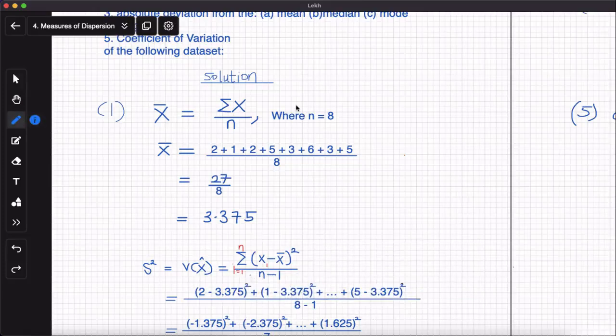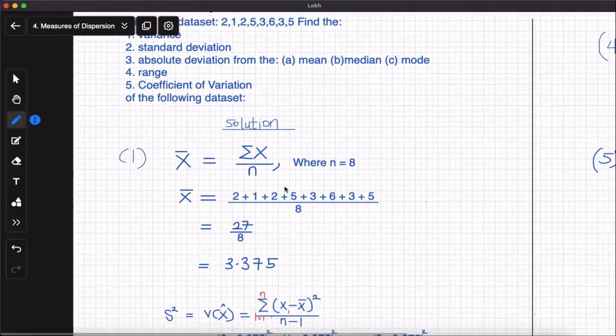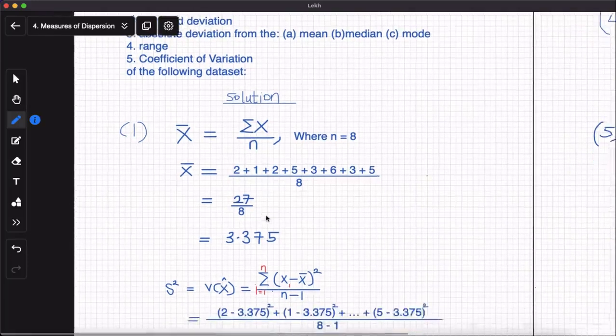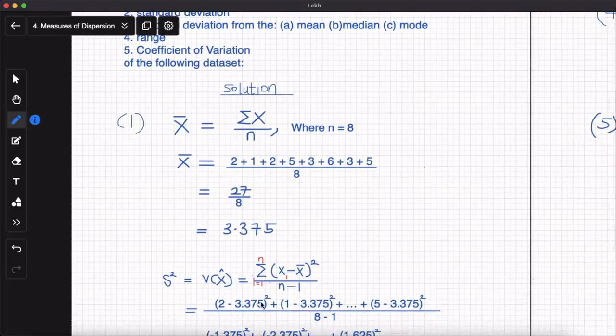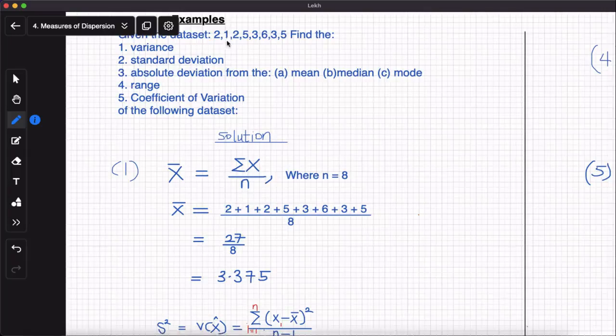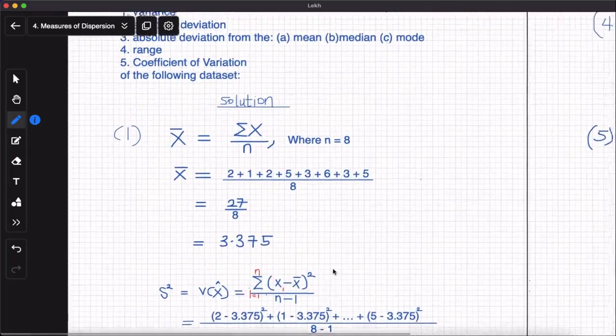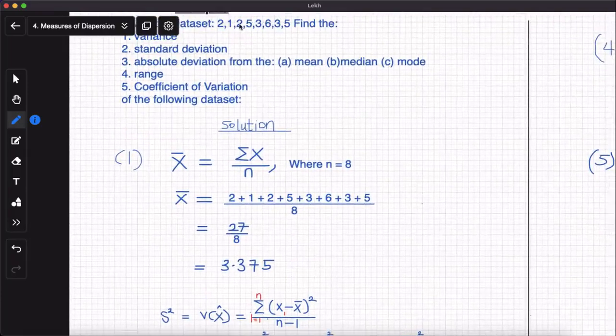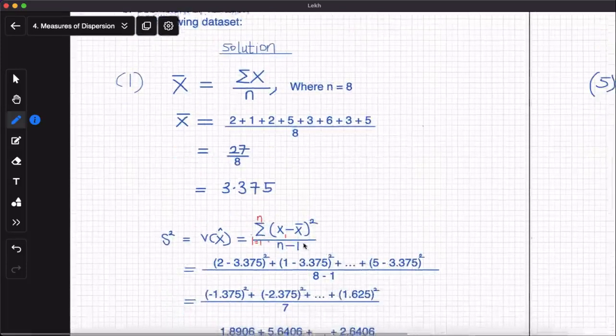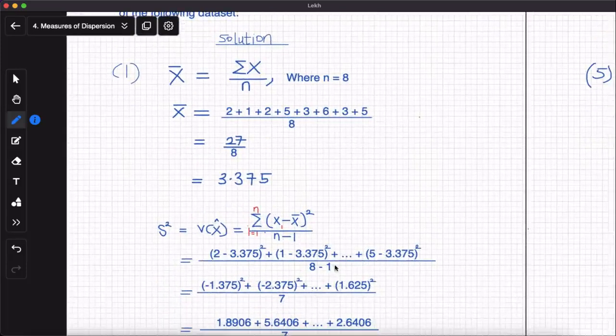The first observation, as you can see, is 2. So you say 2 minus the mean, and you square all of that. Then you go to the next observation, it's 1. You say 1 minus the mean, and you square all of that. Then the next observation is 2. I put the ellipsis to show that the series continues until you get to the last one.